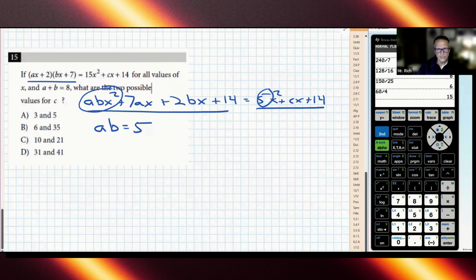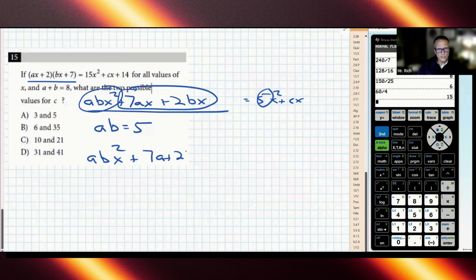Well, the 14s match. So I could subtract 14 from both sides. So that's inconsequential. They're kind of gone. But then these both are x terms. So if I took that equation and factored out the x as a common factor, what you get is 7a plus 2b times x.